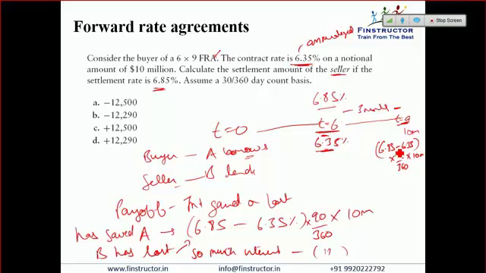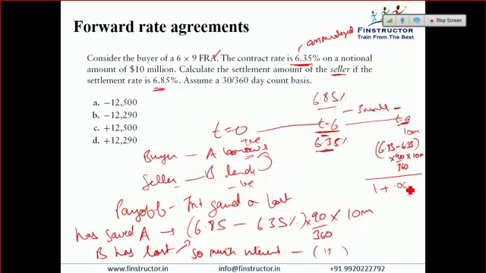So this is the interest saving, or this is the amount that the seller in this case, or the lender, will have to pay the borrower. So it will be negative for the lender and positive for the borrower. However, it should be paid at t equal to 9, but it is settled at t equal to 6. That's just a convention of FRAs. That is, they are settled at expiration. Hence, the amount exchanged is equal to the present value of this difference. The present value means you will discount it back at the current rate, that is 6.85%.